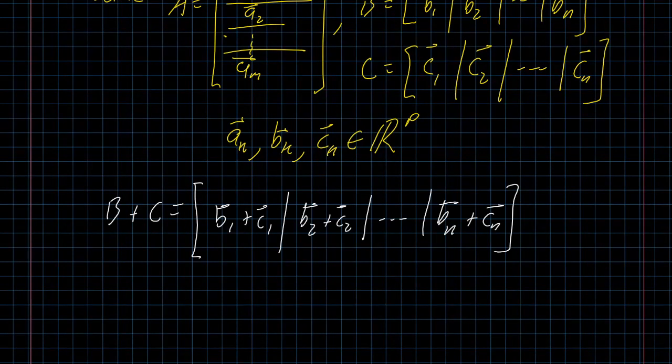And if I want to multiply A times B plus C, well, multiplying matrices is a series of dot products.